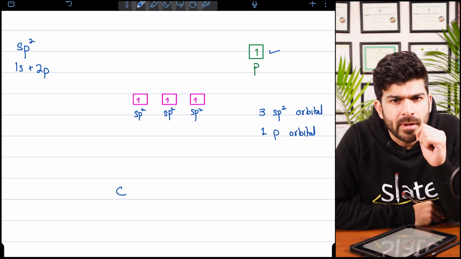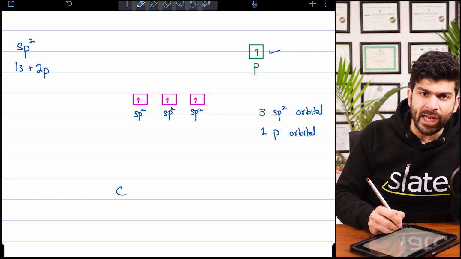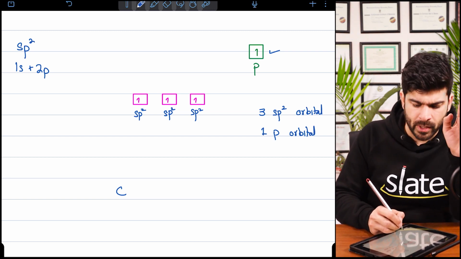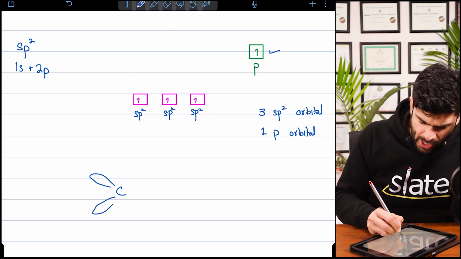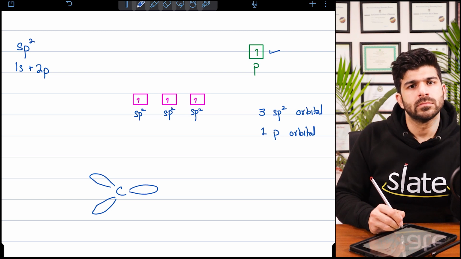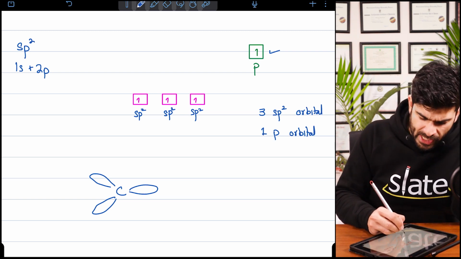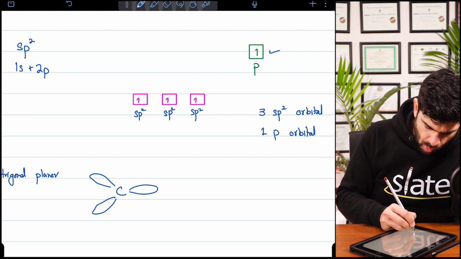What was the shape? In the last video you saw that whenever carbon, or any element, is making three bonds and no lone pair, we get a trigonal planar shape. That's what we get, and the angle is 120 degrees.